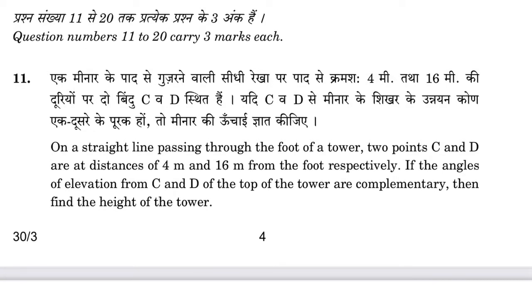Question number 11. In this question, we have a tower, and from the foot on this straight line, 2 points C and D are at a distance of 4 meter. So this distance is 4 meter and this D distance is 16 meter.